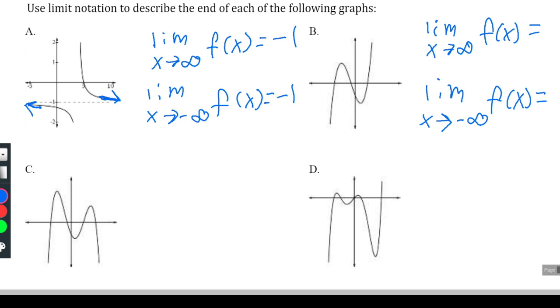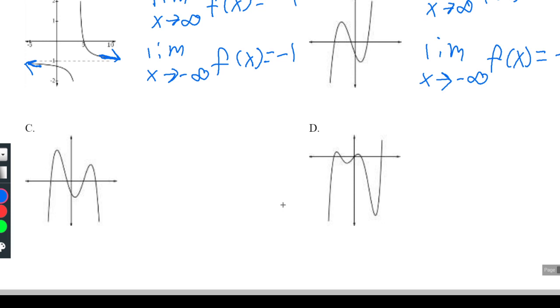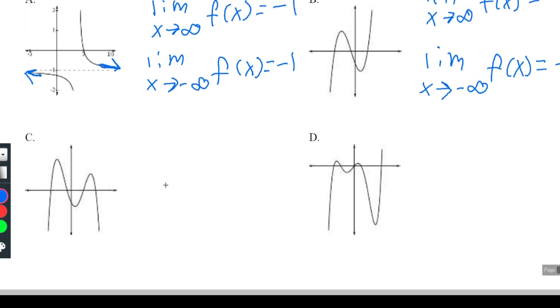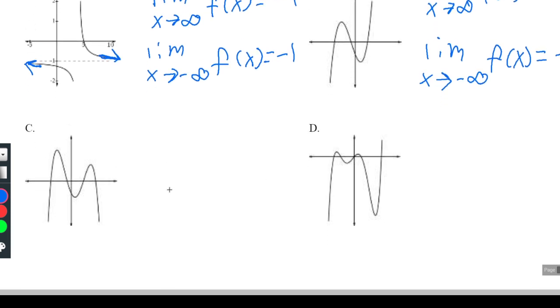Infinity. And for the negative limit, when x approaches -infinity? I'm going to write these out real quick, and then we'll do them together.